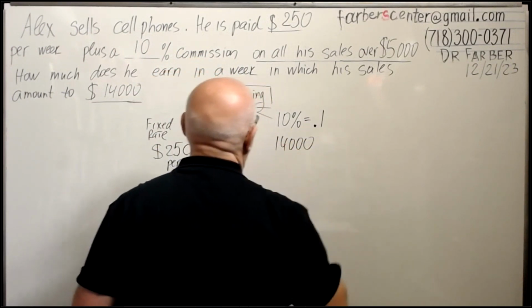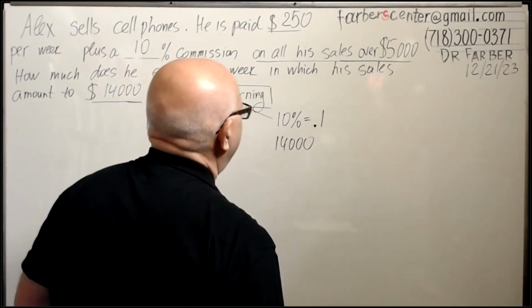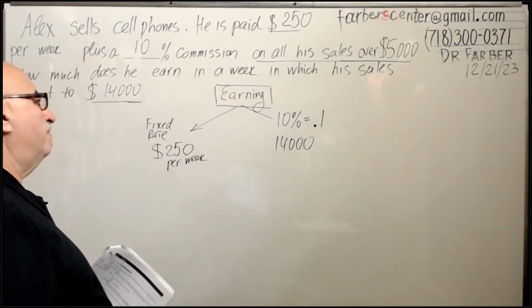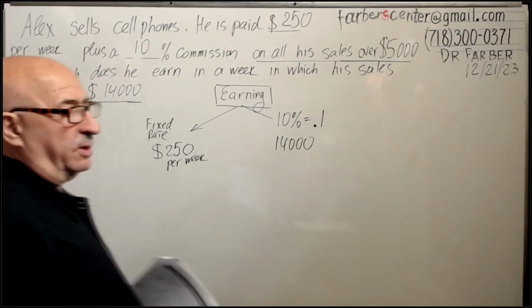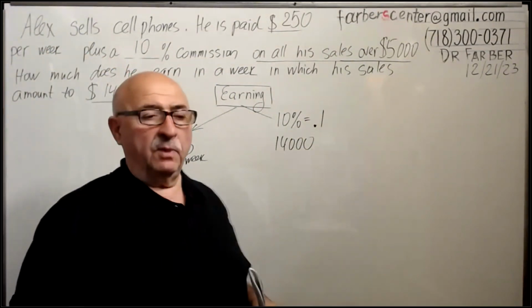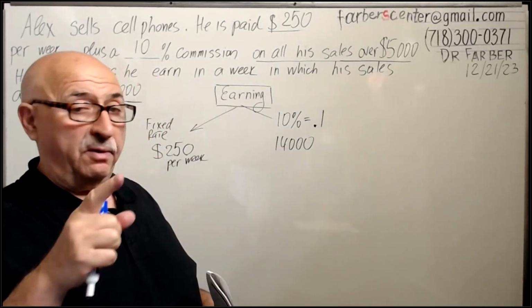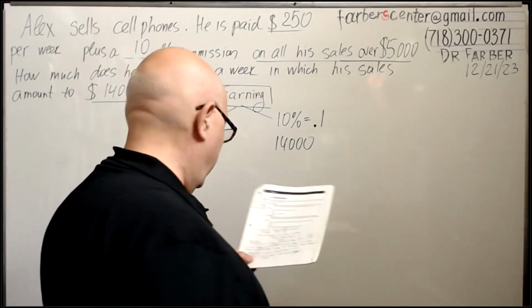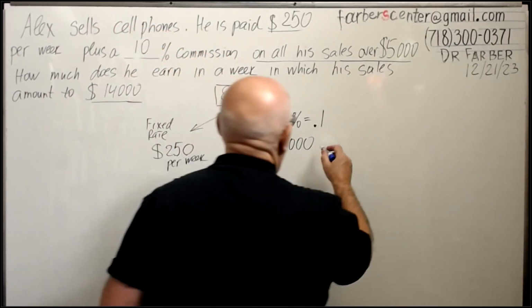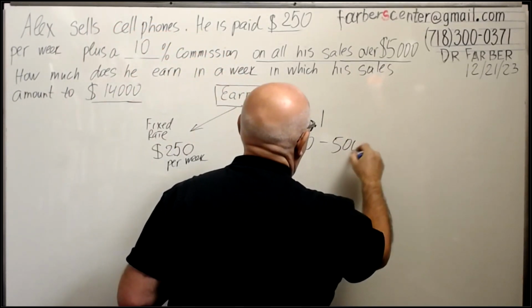But how does it work? They said if you sell up to 5,000, you get 0 commission. You start earning on every cent over 5,000, right? What we have is 14,000 minus 5,000.